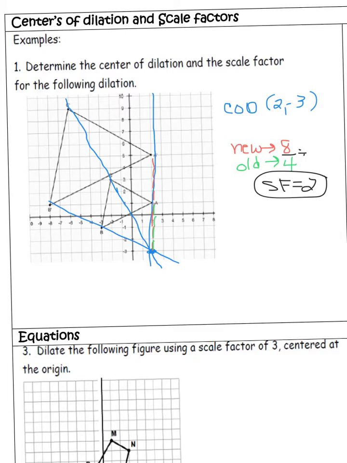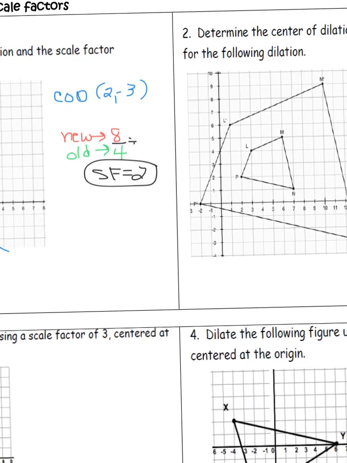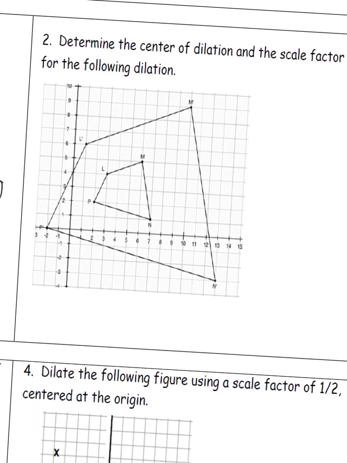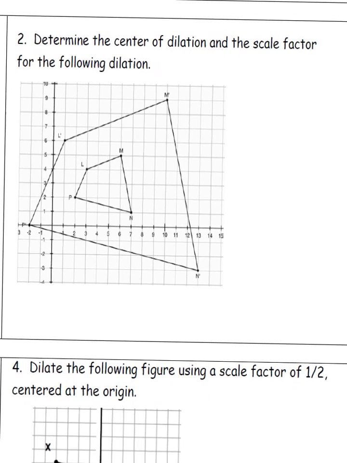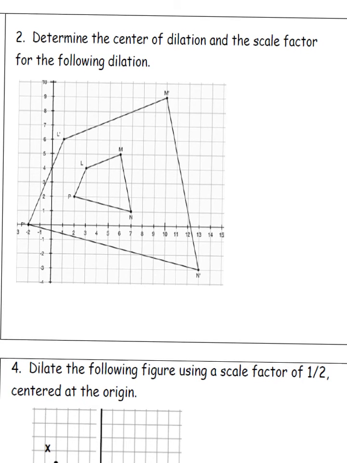So let's try another one just to make sure we've gotten it. So again, we are going to find the center of dilation by connecting our points. I'm going to connect my L's. I'm going to connect my M's. I'm going to connect my P's.